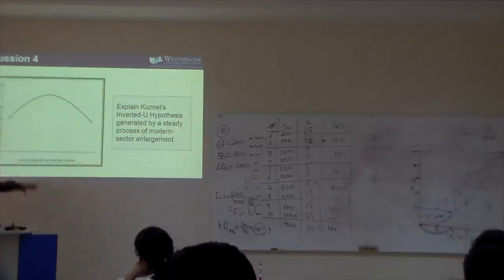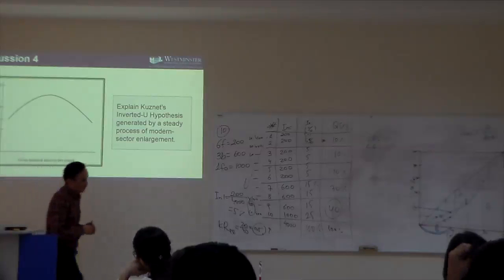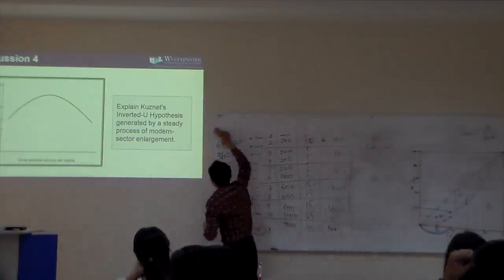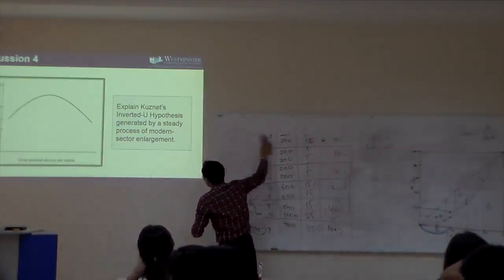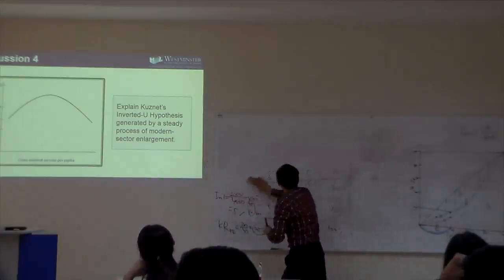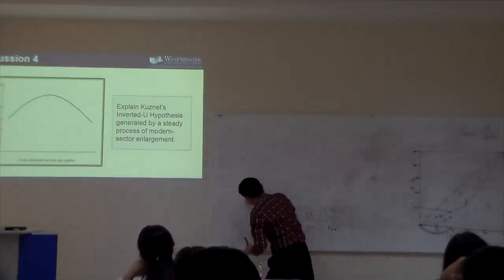All right, so now, discussion question number 4. You should explain the inverted U hypothesis of Kuznets.